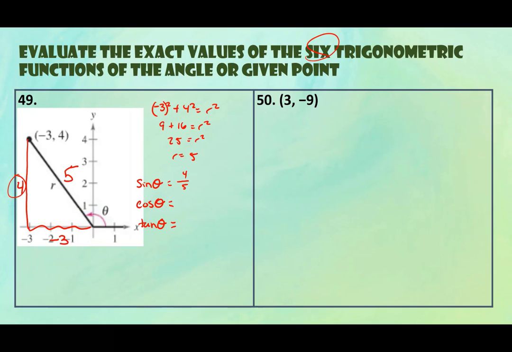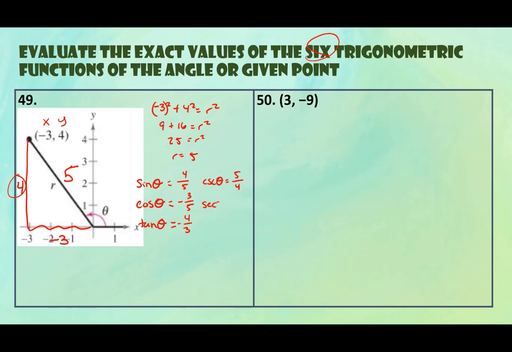By the way, you can also do this without drawing it. Here -3 is our x, so we have -3 over r, which is 5, so -3/5 is cosine. And tangent is going to be y over x, so in this case it's 4 over -3, or -4/3.